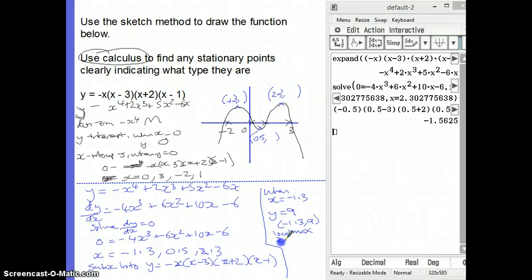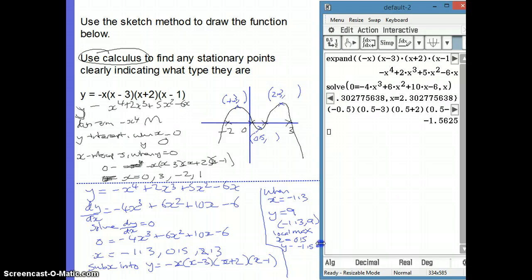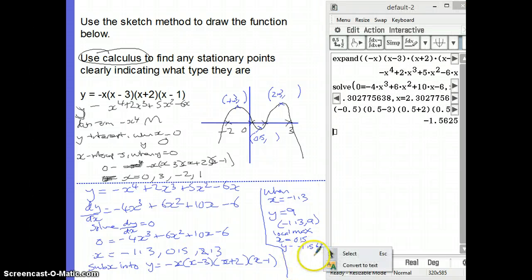So when x equals 0.5, y equals negative 1.5625. So there's another point there, 0.5, negative 1.5625. And that is a local minimum point. And you could do the same again with this other one, and that would be another local maximum point.